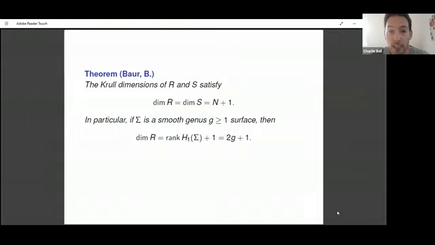In particular, if sigma is a smooth genus g surface, then the dimension of R is equal to the rank of the first homology group of sigma plus 1, which is just 2 times the genus plus 1. So we're really getting that the Krull dimension of the center is given by the genus. And so on a torus, g is equal to 1, we recover that the dimension of R is equal to 3 that we saw before, right? Because if you put a 1 in there, 2 times 1 plus 1 is 3.